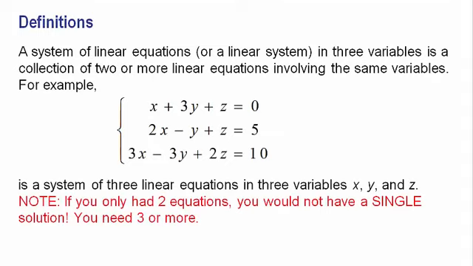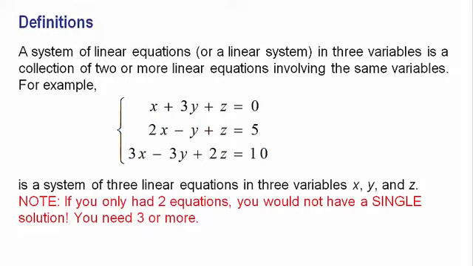So we talk about a system of linear equations, or a linear system, in three variables: a collection of two or more equations with the same variables. You might be thinking, wait a minute, how can I solve for three variables if I only have two equations? Well, technically you can't get a single solution. You can't say the solution is 2, 3, 5.